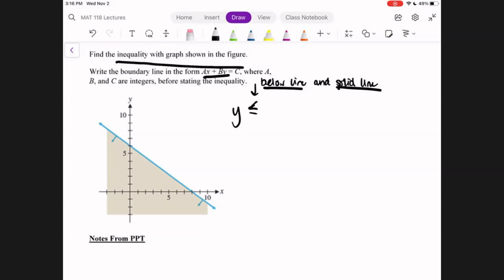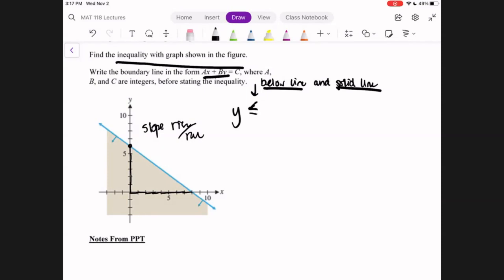So I need my slope here. If I think of this graph, remember, rise over run. Okay, so I'm going to go from the left point, 1, 2, 3, 4, 5, 6, and then 1, 2, 3, 4, 5, 6, 7, 8. So it's a negative slope.